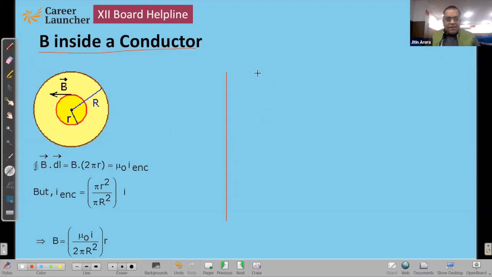It's a cylindrical wire. अगर हमारे पास ये cylindrical wire है, इस पूरे वायर के वॉल्यूम में करंट फ्लो कर रहा है. और मेरे को बोला जाता है एट सम पॉइंट स्मॉल आर इनसाइड एंड एट कैपिटल आर इक्वल टू द रेडियस मुझे मैग्नेटिक फील्ड निकालनी है. तो सबसे पहली चीज, जब मैं एट स्मॉल आर देख रहा हूं तो B dot dl करूंगा विच विल बी इक्वल टू B into 2 pi small r is equal to mu naught times the current enclosed.